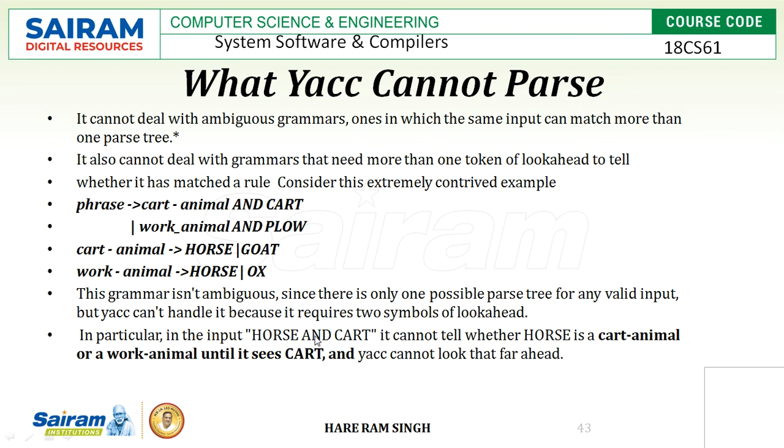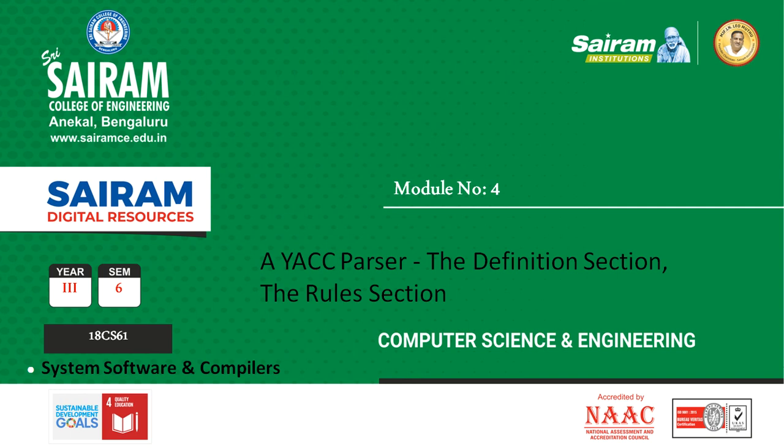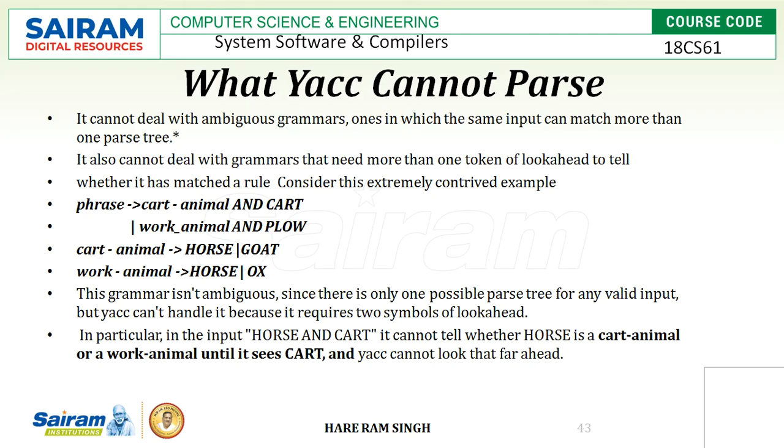Yak cannot look more than one step, so it will not be parsed by Yak, though it is not ambiguous, since it is not look ahead one. In the next lecture video, we will be discussing the Yak parser, the definition section and the rule section. Thank you.